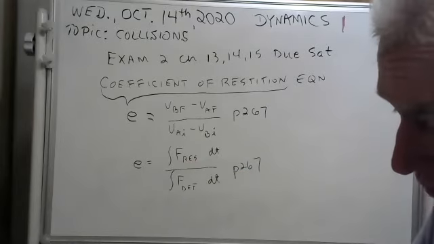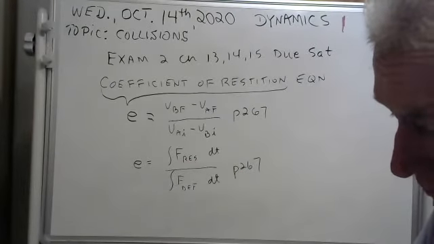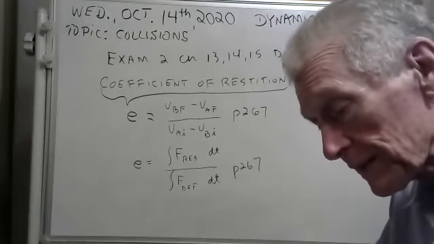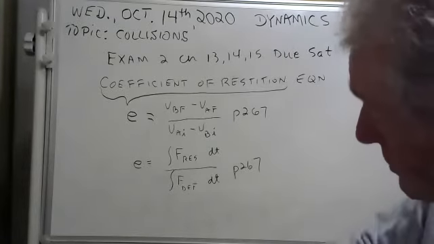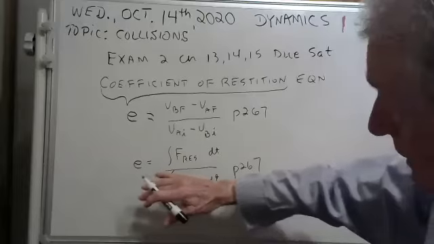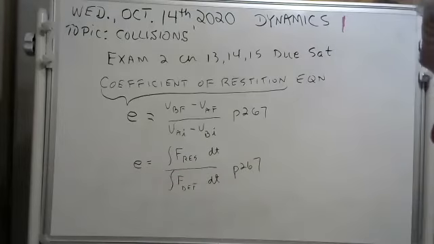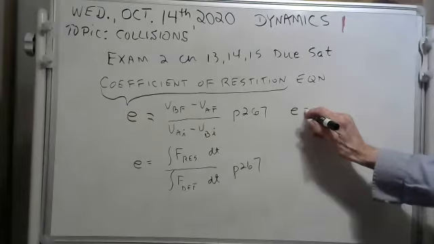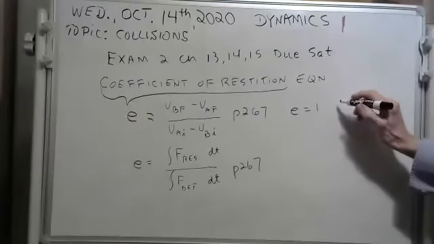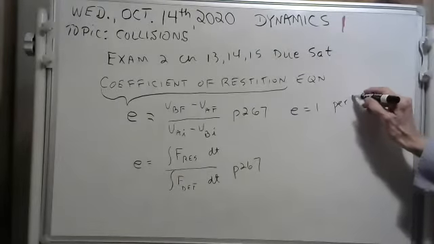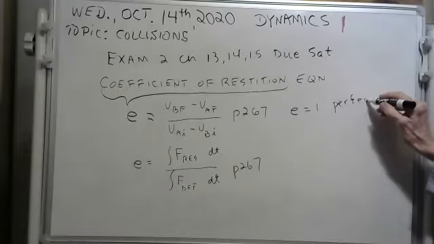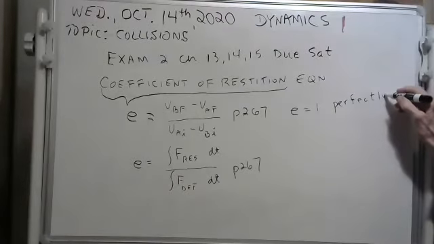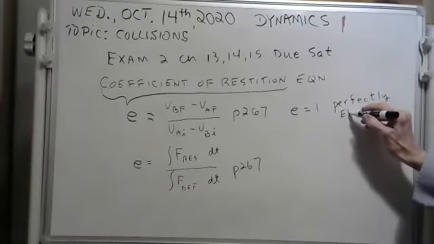It turns out the impulse of restitution is smaller, unless you have a perfect collision. Now, if you have a perfect collision, these are equal, and the coefficient of restitution is 1. Here, let me tell you that, and then we'll work some problems. There's some room over here. This will work. If e is equal to 1, then it's a perfectly elastic collision.